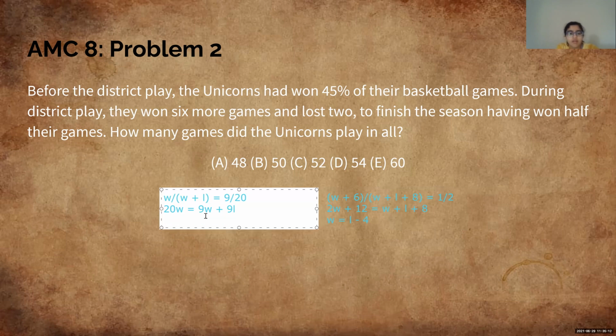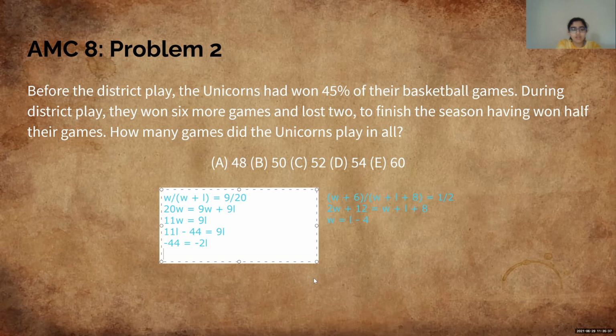Then we can plug that in for w over here. We first simplify the left equation. We get 11w equals 9l, and then we plug in w equals l minus 4, and we get 11l minus 44 equals 9l. Then we subtract 11l from both sides, and we get negative 44 equals negative 2l. We simplify that to get 22 is equal to the number of losses.